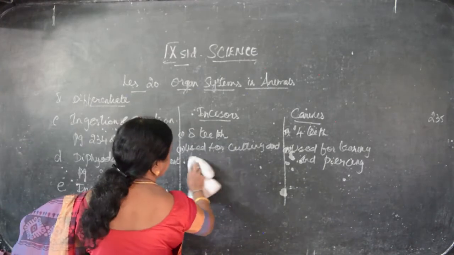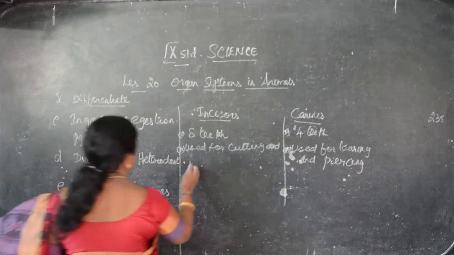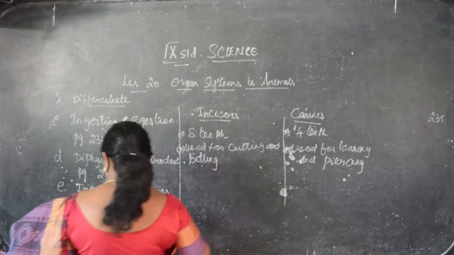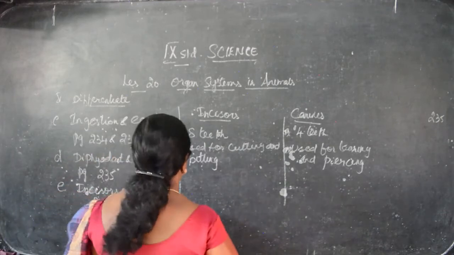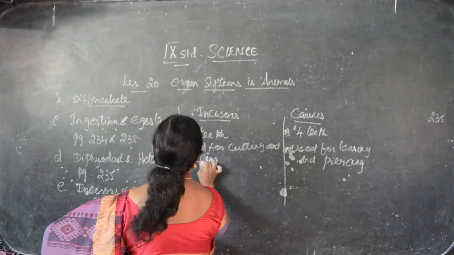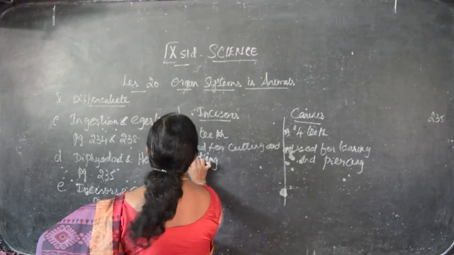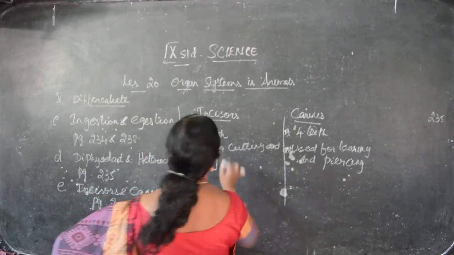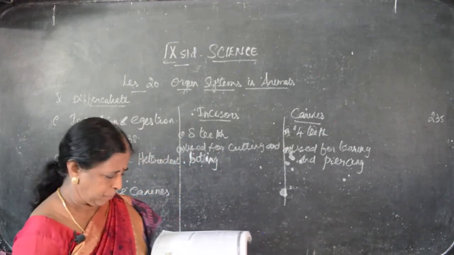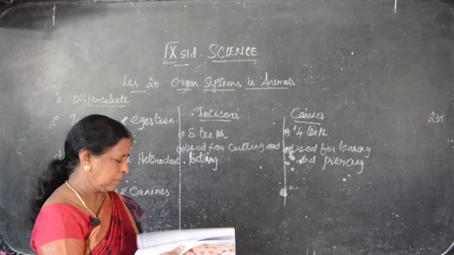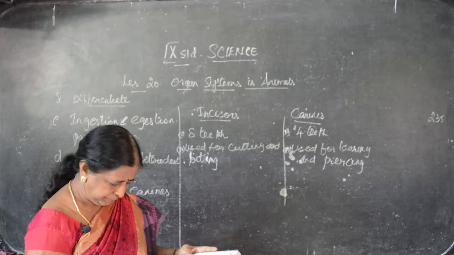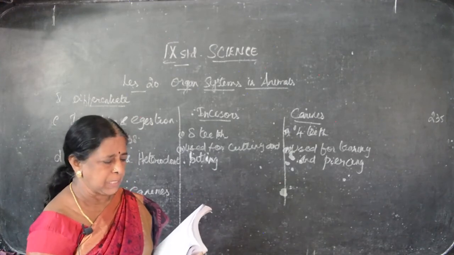Sorry, not piercing here. Cutting and biting. Here used for tearing and piercing. Clear? So differentiate over. We have to go for question and answers.